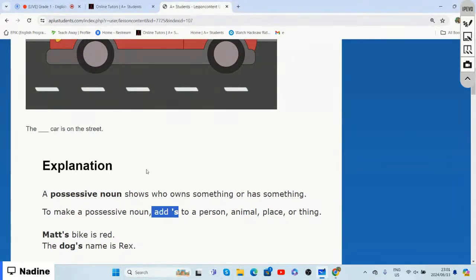So we need to add an apostrophe and an S to a word or to the name of a person or an animal or a place or even a thing to show that they own something or to show that they have something. Like if it's your pencil.